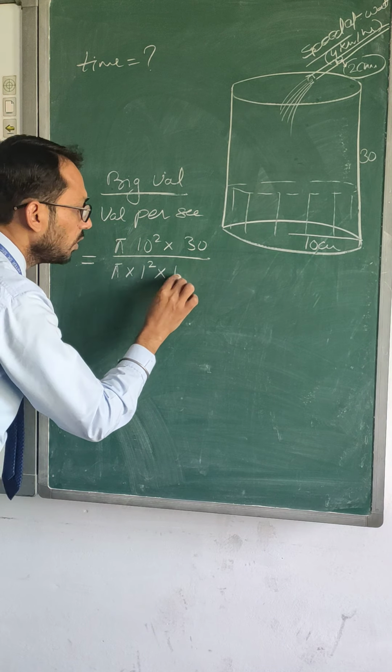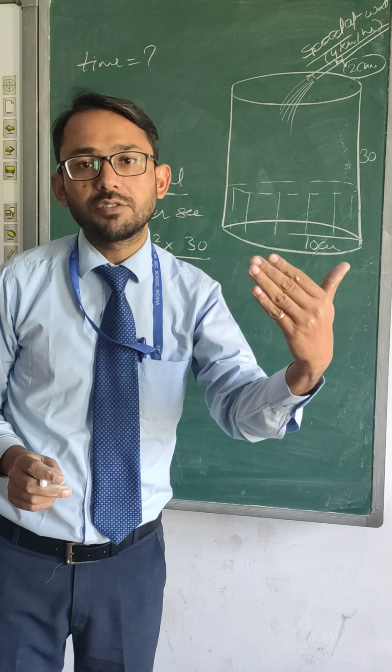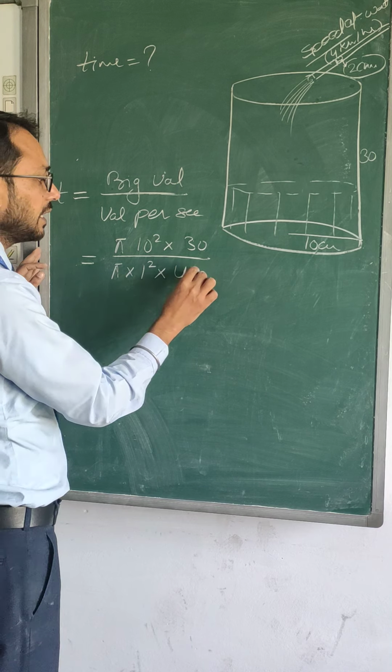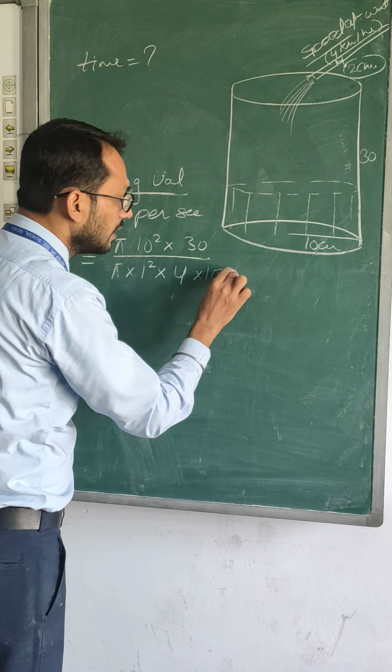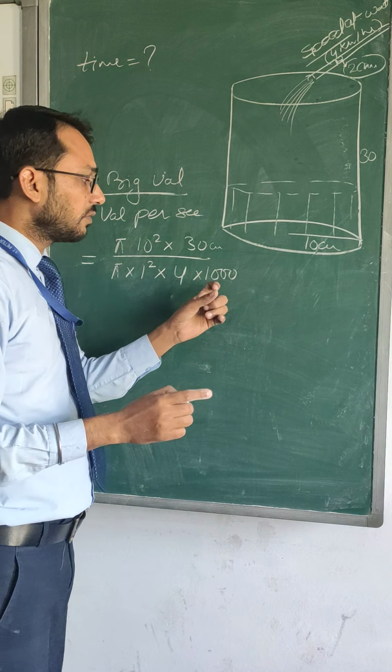Speed is 4 kilometer per hour. Kilometer per hour we need to convert into meter per second. So 4 kilometer to meter will be into 1000. Then all the units are given in centimeter, so I need to convert it into centimeter.